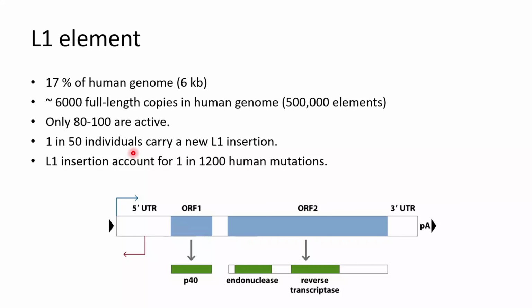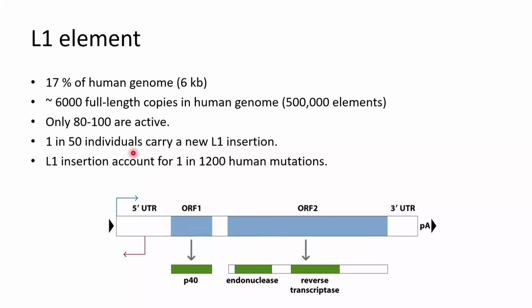So for every 1,200 human mutations that happen in the genome, one of them is caused by an L1 insertion. And 1 in 50 individuals will carry a new insertion that does not exist in other people, okay? So this accounts for a lot of the variability within the human genome and is one of the major causes of many diseases, okay?